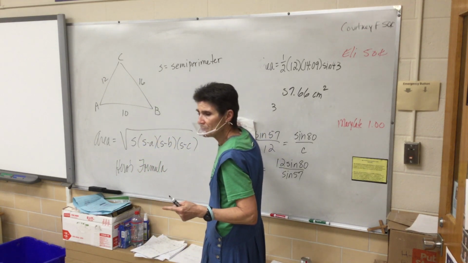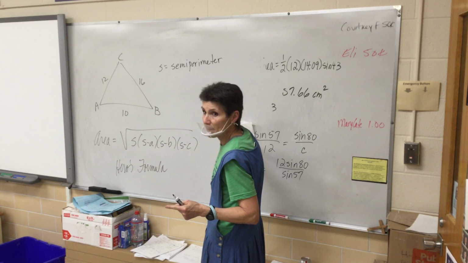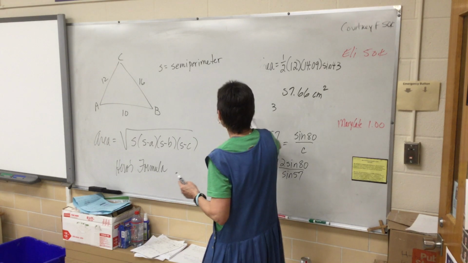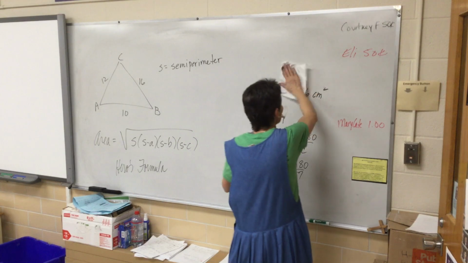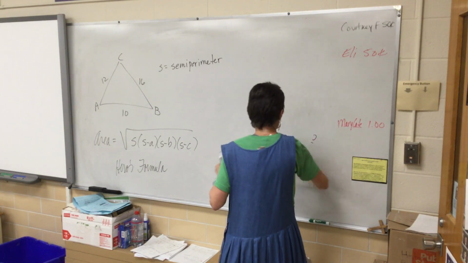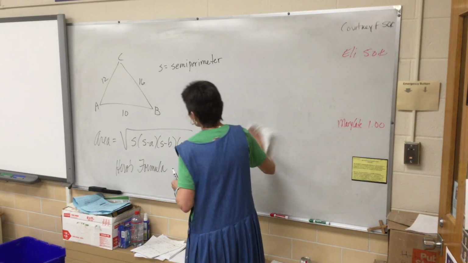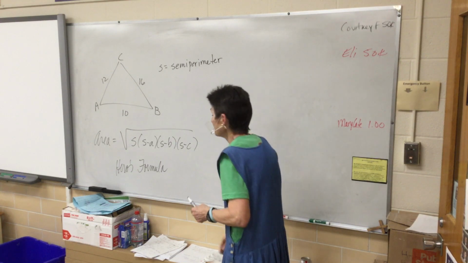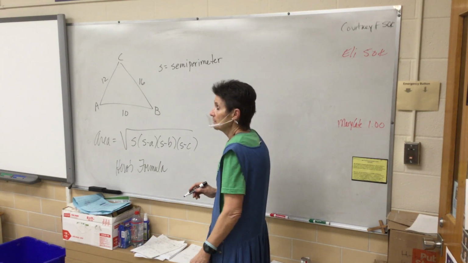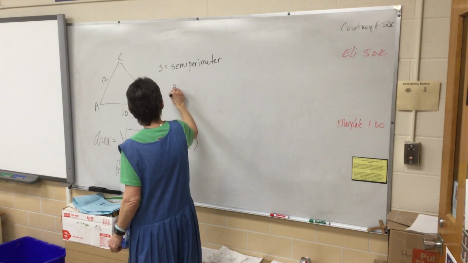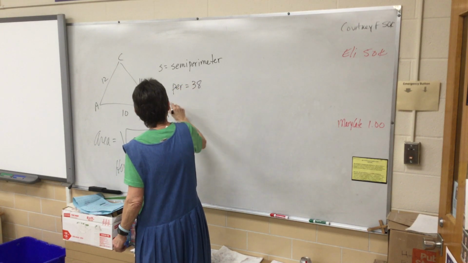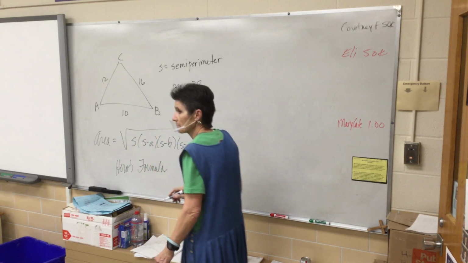What's a semicircle? Half a circle. What's a semi-perimeter? Half the perimeter. So what is the perimeter of that triangle? Add them all up. 38. 38 divided by 2, 19. So your perimeter was 38. So your semi-perimeter is 19.